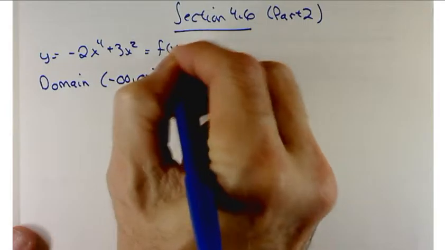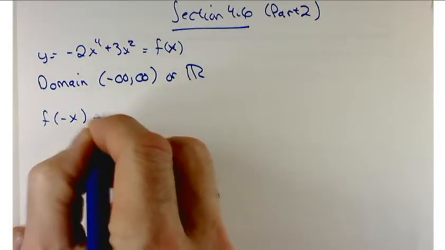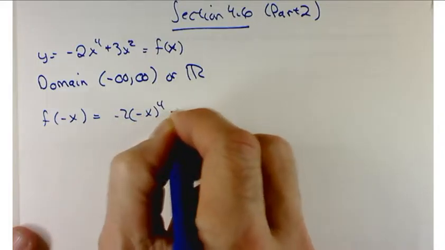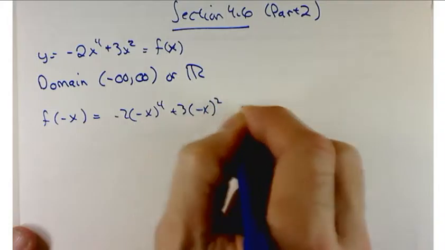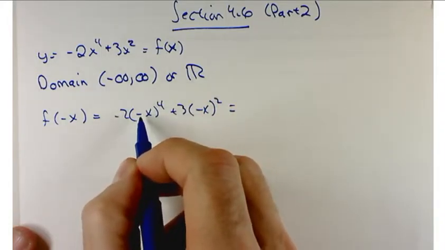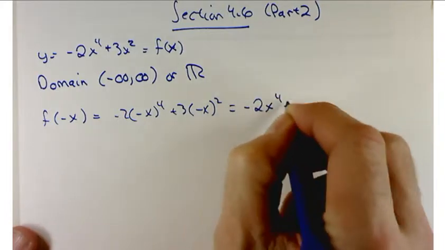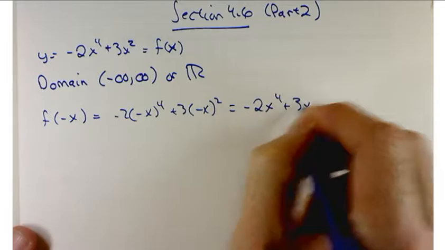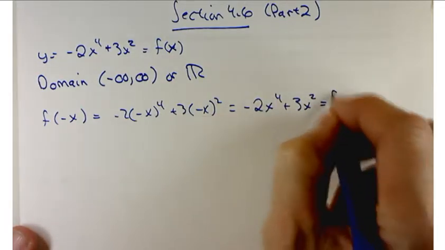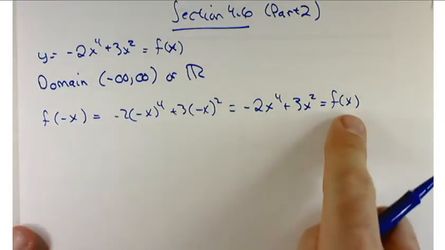If I call this function f of x, you might notice that f of negative x is negative 2 times negative x to the fourth plus 3 times negative x squared. And it doesn't matter if I have a negative x or a positive x to the fourth power. So I can replace that with just the positive values to the fourth power and squared. f of negative x equals f of x.